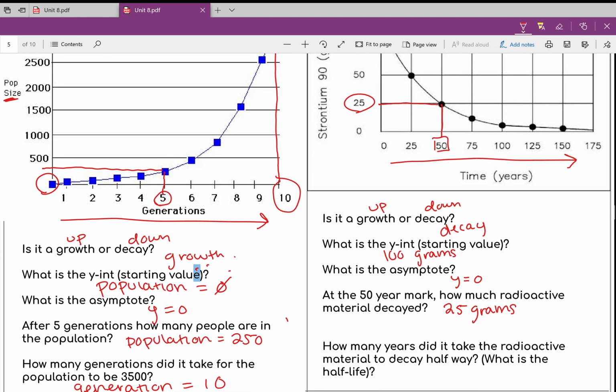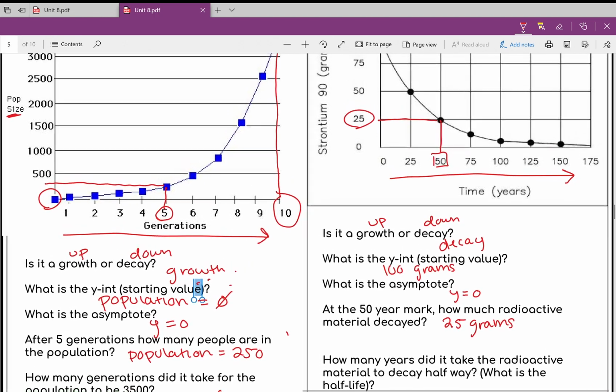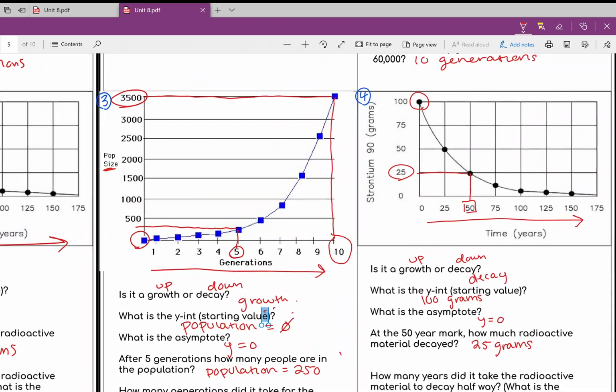And then last question, it says, how many years did it take the radioactive material to decay halfway? Or in other words, what is the half-life? So if we started at 100 and we need to get all the way down to 0, halfway from 100 to 0 would be 50. Right here.